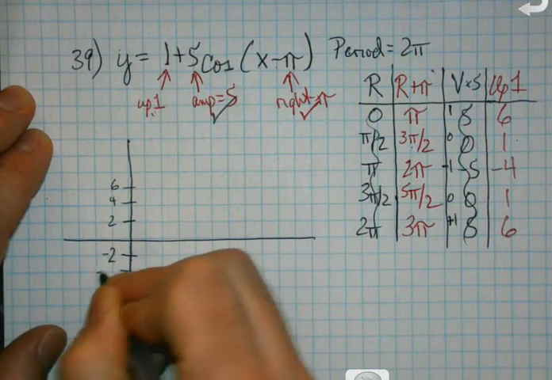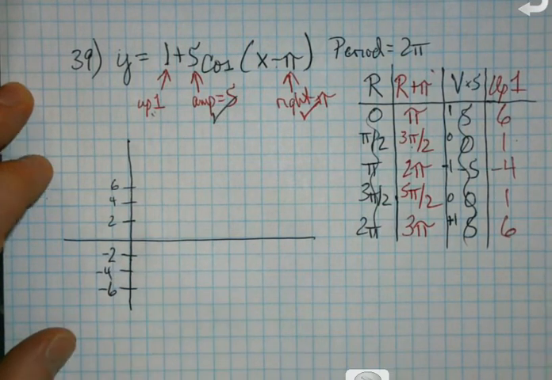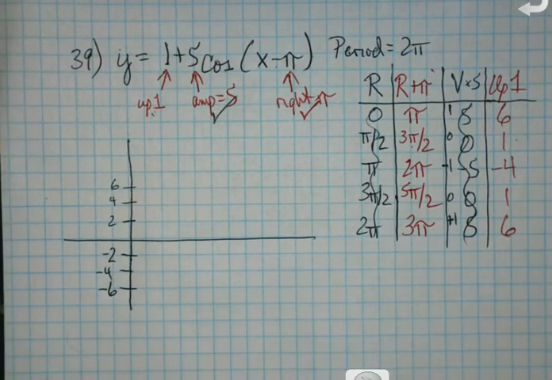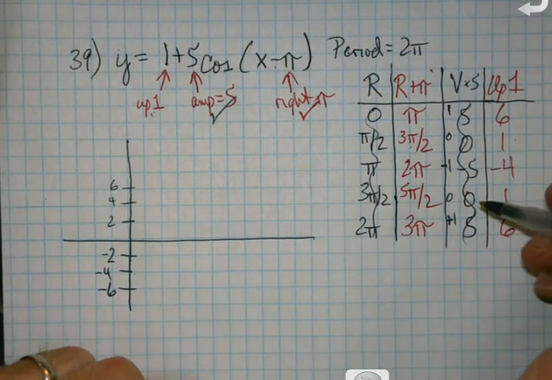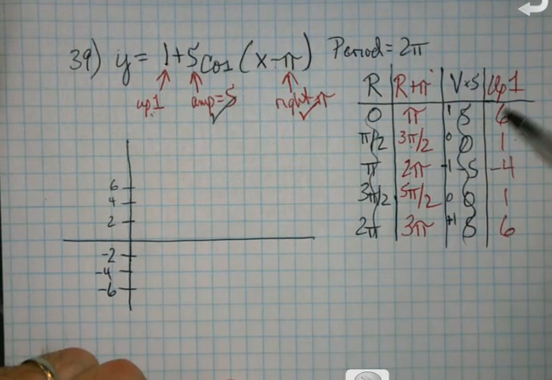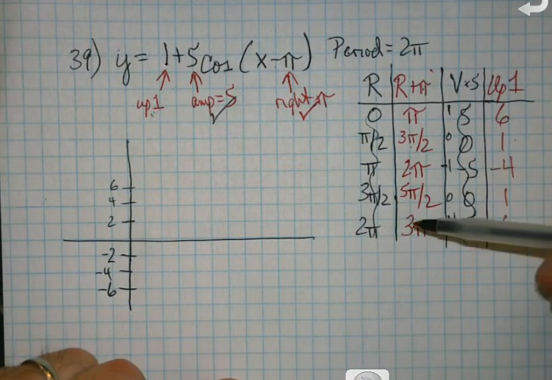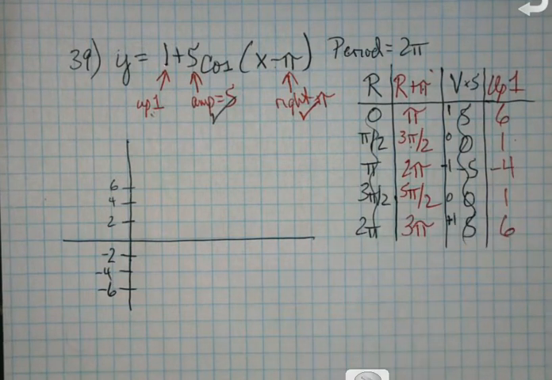So I'm just going to go by 2s instead of going by 1s here. And I start looking at all of this. Now, here's the other thing on this one. With this shifting everything right pi, you still want every one of your quarter points to have the same value.